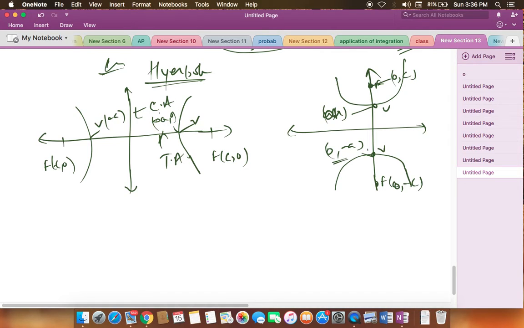Now according to this, the definition will be the difference. Let a point P be out here, let these be f1 and f2. The definition basically is the collection of all the points where PF1 minus PF2 will always be a constant.